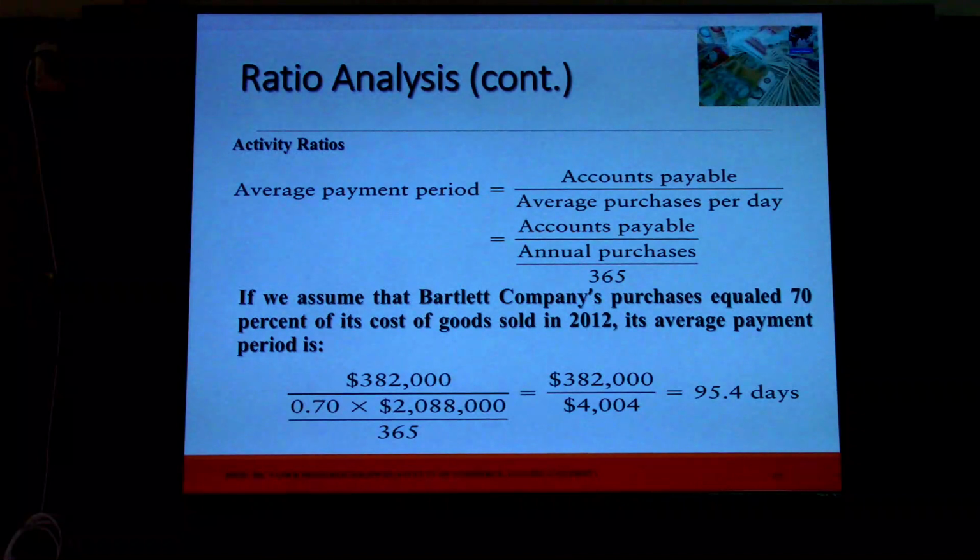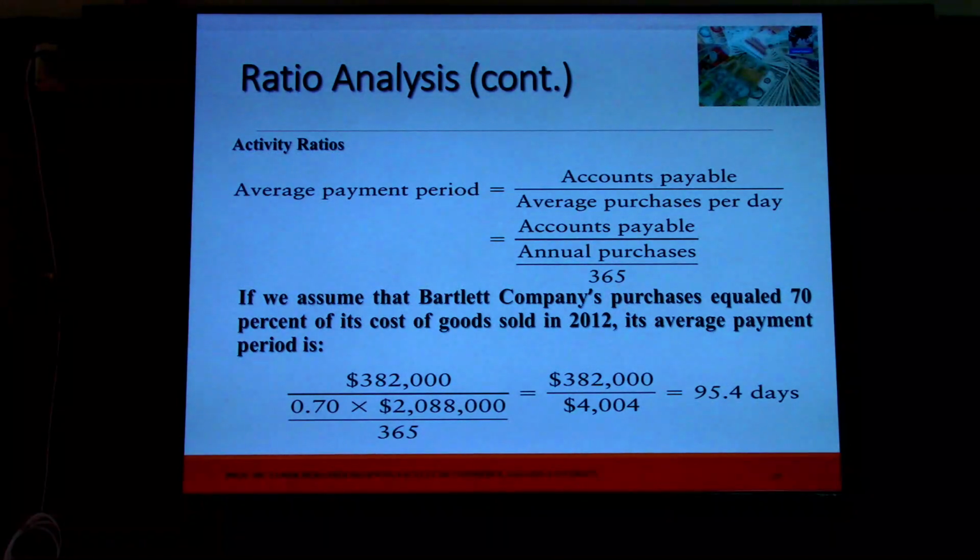The third type of ratio is called average payment period, متوسط فترة السداد. طب متوسط فترة السداد دي how do we determine it? It's equal to accounts payable divided by average purchases per day.